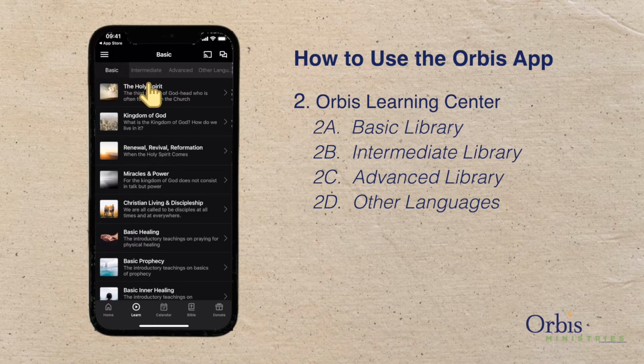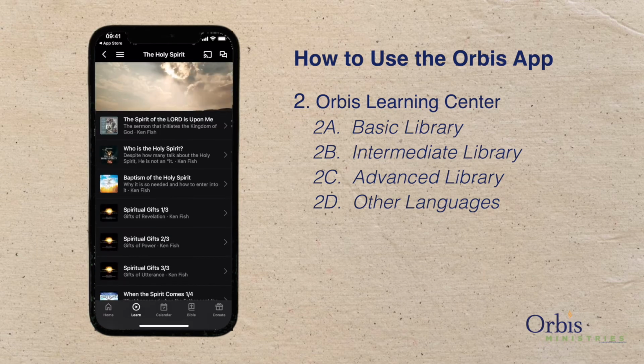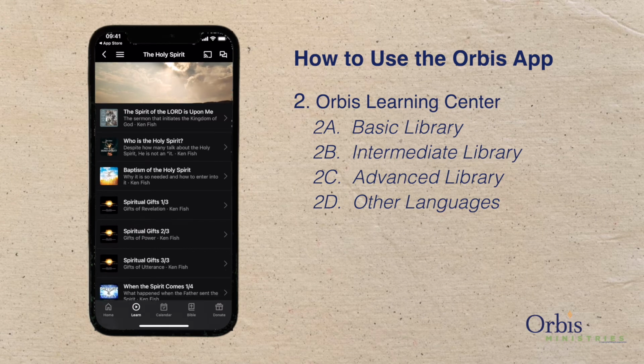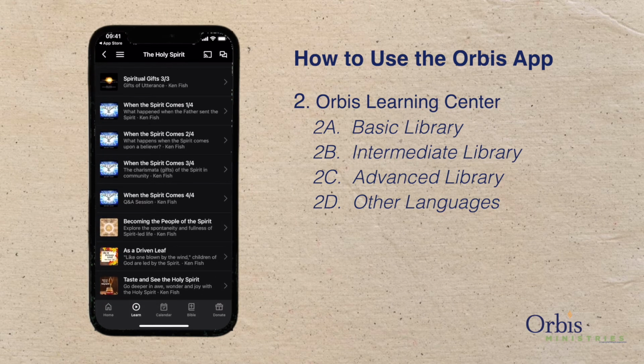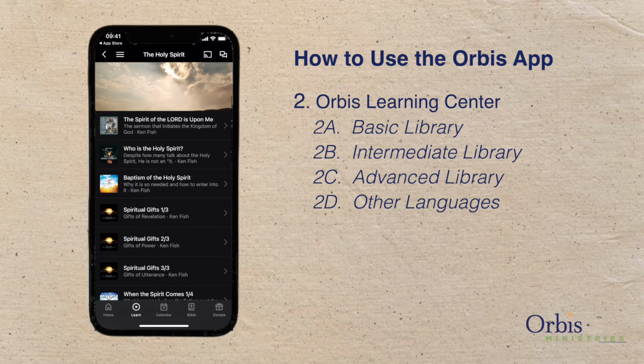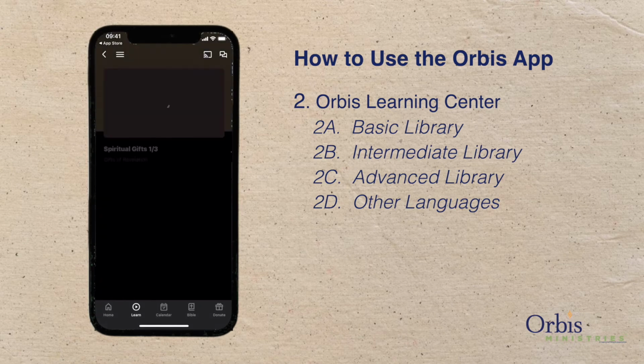I will click on that category, and I will see a number of different series within the Holy Spirit that I can start listening to. Some of these have multiple parts, so I will probably want to start with the first part of that series. I am particularly interested in learning about spiritual gifts, so I will click on the first one of the spiritual gifts series and look into that.